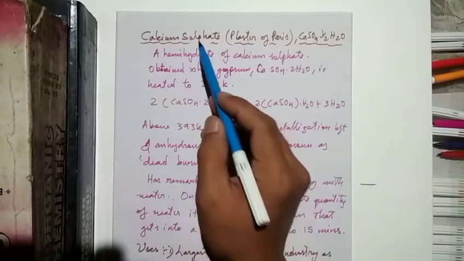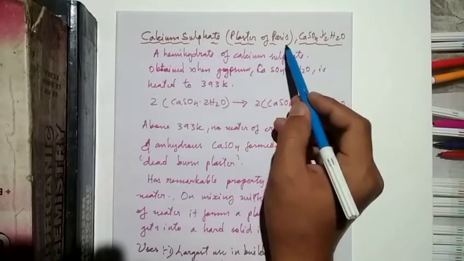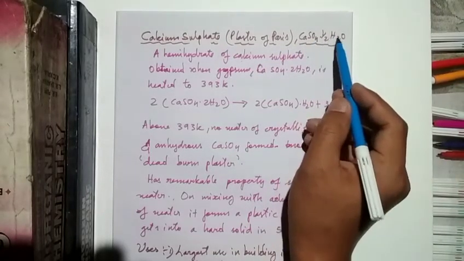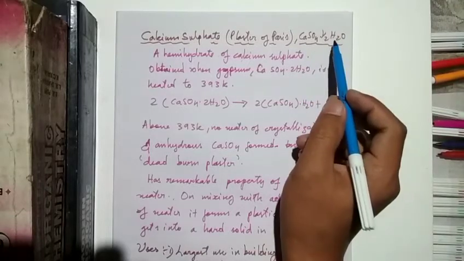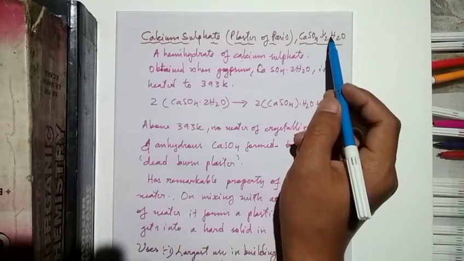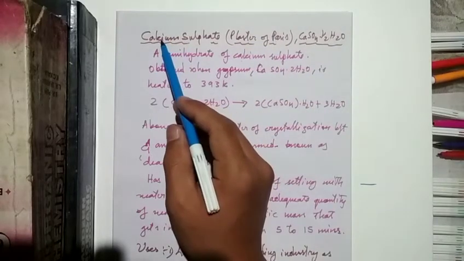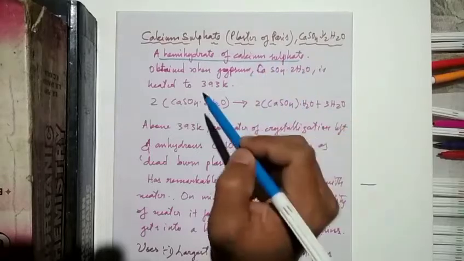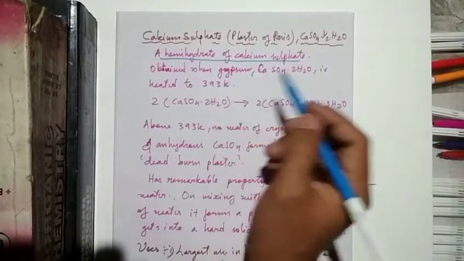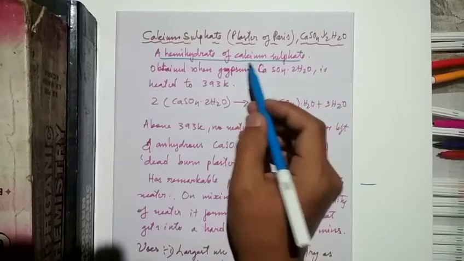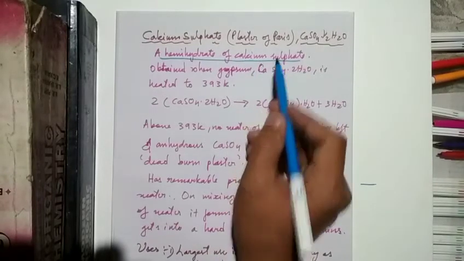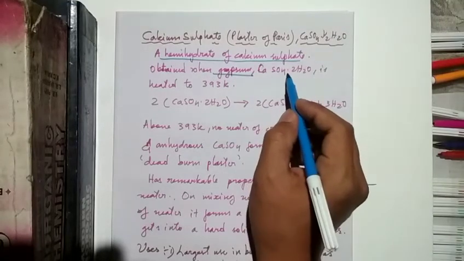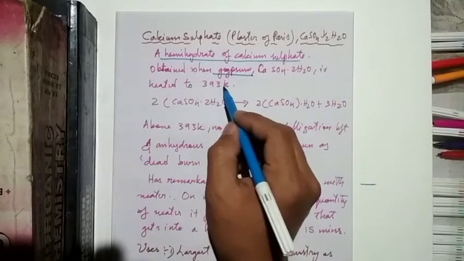The next topic is calcium sulfate, known as plaster of Paris. The chemical formula is CaSO4 with half a water, also known as hemihydrate. So the hemihydrate of calcium sulfate is known as plaster of Paris. This hemihydrate calcium sulfate is obtained when gypsum, calcium sulfate, is heated to 393 Kelvin.